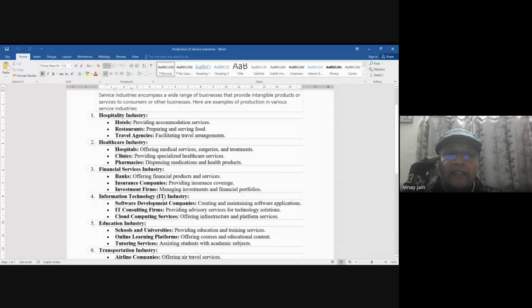Information technology, the IT industry: you have software development companies creating and maintaining software applications. IT consulting firms provide advisory services for technology solutions. Cloud computing services offer infrastructure and platform services.